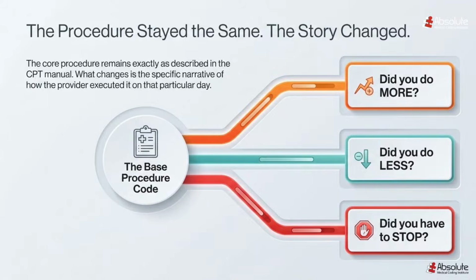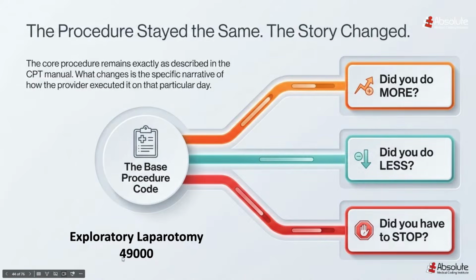All right, so let's take a procedure. The procedure that we're going to look at is an exploratory laparotomy, right? Code 49000. This is our base procedure code. Now, if an exploratory laparotomy took place and that was it, you would just code 49000.